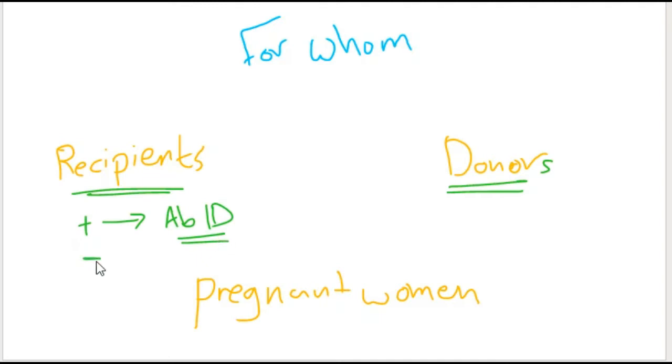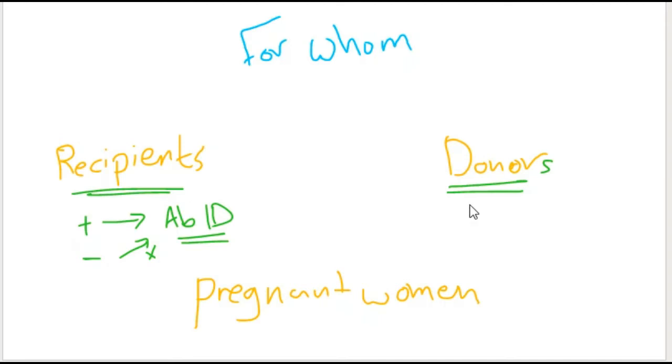If it is negative, there is no need to do antibody identification because no antibody was detected in the recipient. In donors, in many countries, blood banks do antibody screening tests.